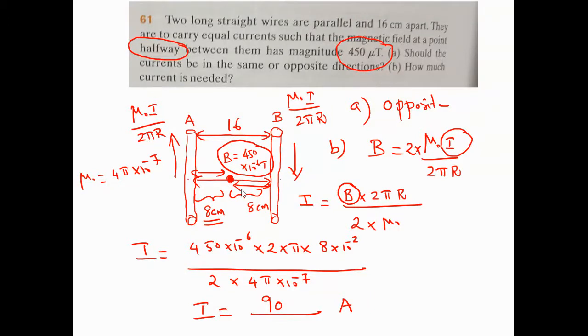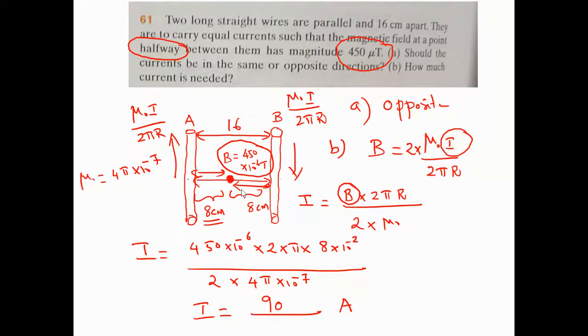What are the two theory points, my dear? The first thing is related to the direction of the current. The second thing is the magnetic field. If both wires carry the current in the same direction, there will be a force of attraction, and by that time your magnetic field will be zero. But here they give the magnetic field, so the currents in the wires are opposite to each other.